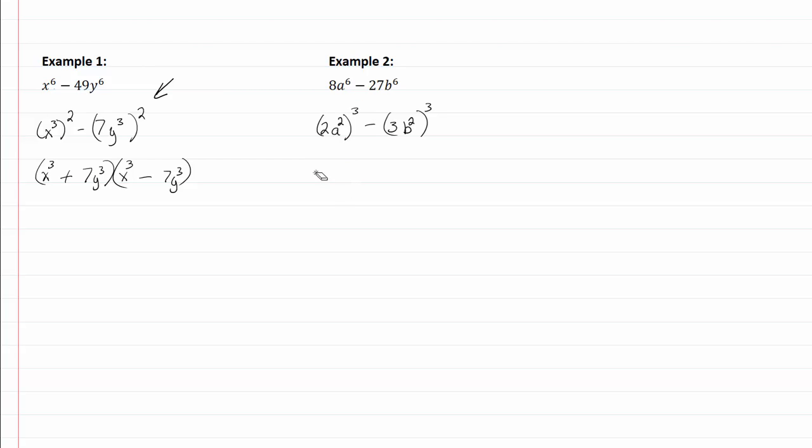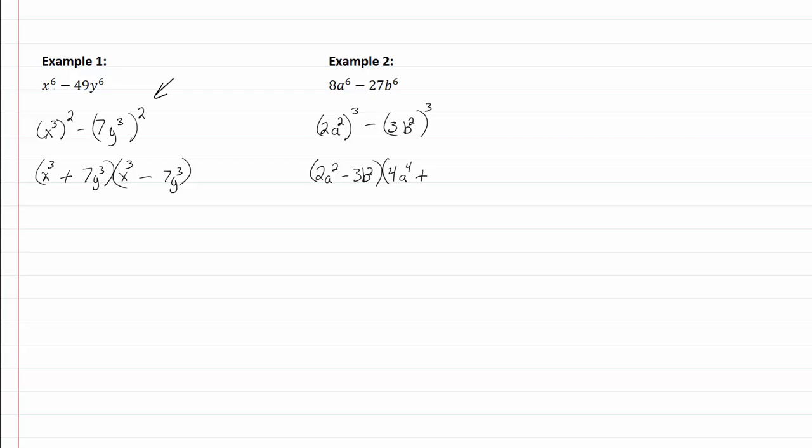Okay, so now I put down my first set of parentheses, and I'm going to write my bases in there. I've got 2a squared minus 3b squared, and now I start following my formula. So I square the first term, which is going to give us 4, and squaring the a squared is going to get us a to the 4th.